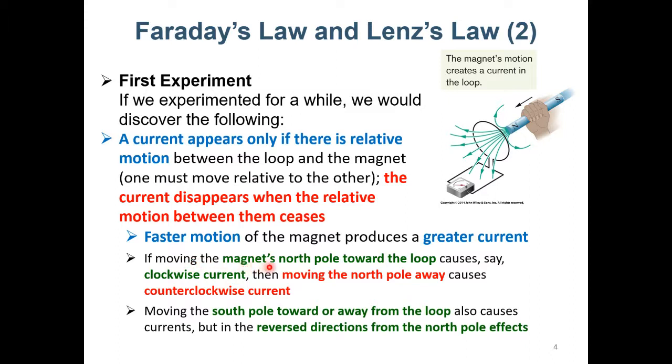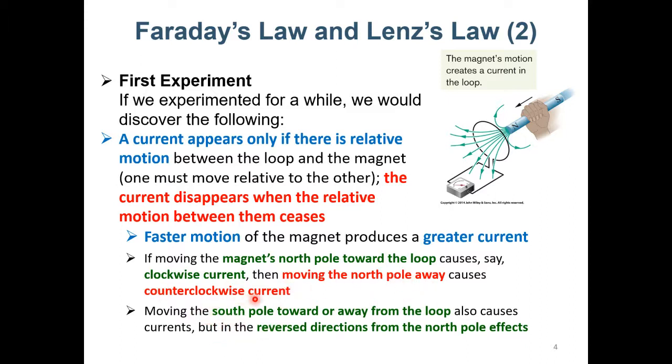If moving the magnet's north pole toward the loop causes clockwise current, then moving the north pole away causes counterclockwise current, which means the direction of the current depends on the pole of the magnet. If you move the north pole in, you have clockwise, and moving away, you have counterclockwise.